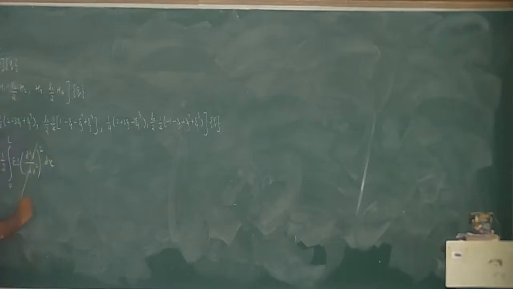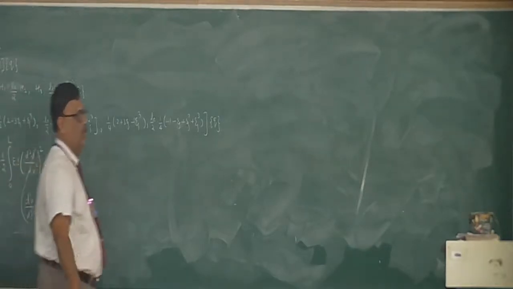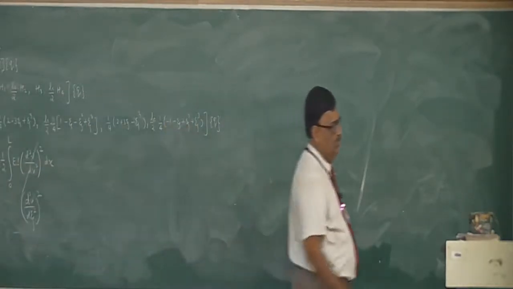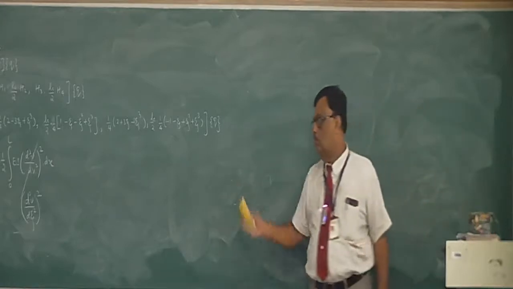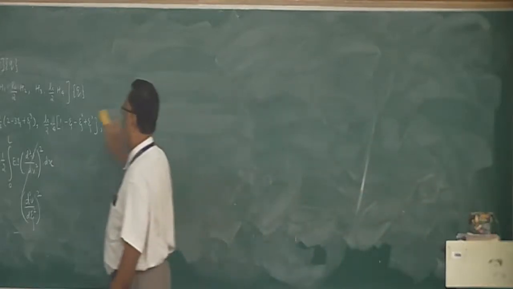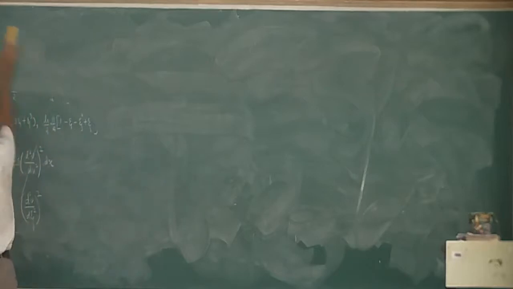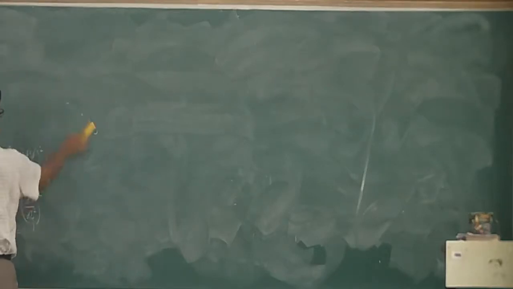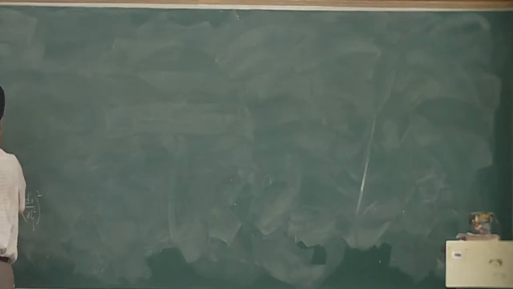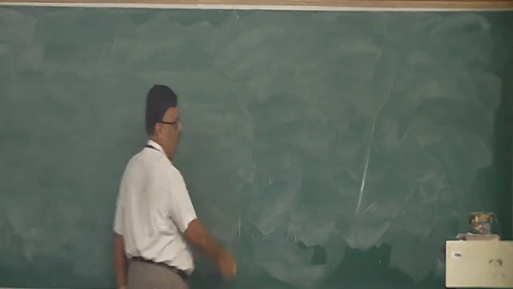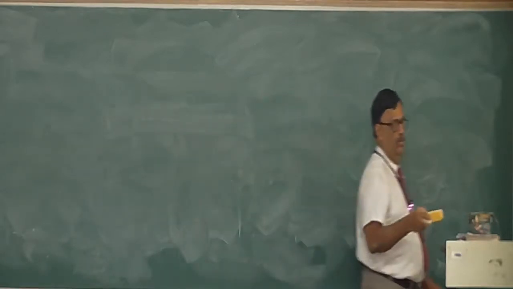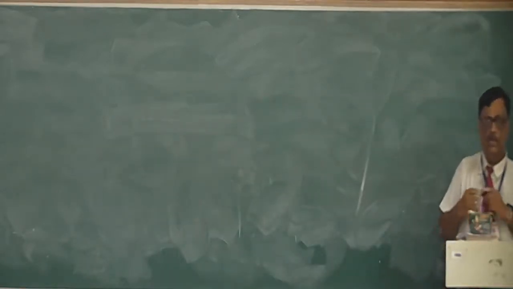Now I need to substitute this in terms of zeta, because all this x term needs to be converted into zeta term. Once we get that, it is easy for us to find out the element stiffness matrix for the beam element. So that I think we'll take up tomorrow. We'll discuss in detail how to find out the element stiffness matrix for a beam, and then we'll take up a number of varieties of problems, how to form the global load vector and all the details.